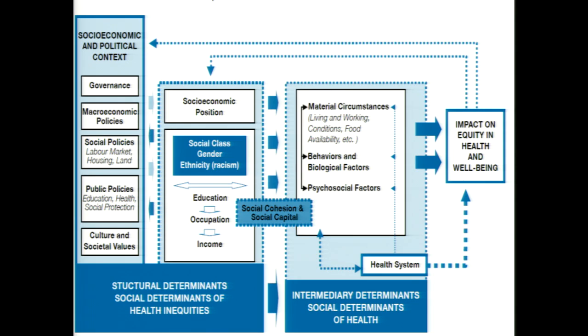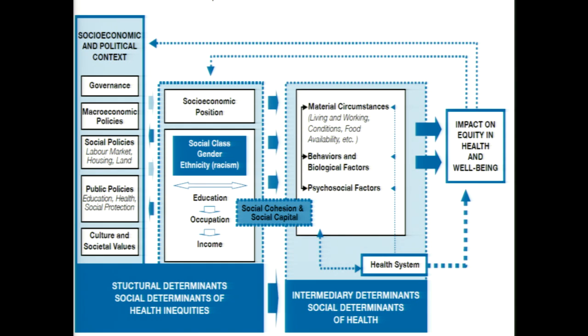Sir Michael Marmot was the chair of the Commission on the Social Determinants of Health, and he documented that every country in the world had growing health inequalities, and that those health inequalities needed to be closed in a generation, so closing the gap in a generation.